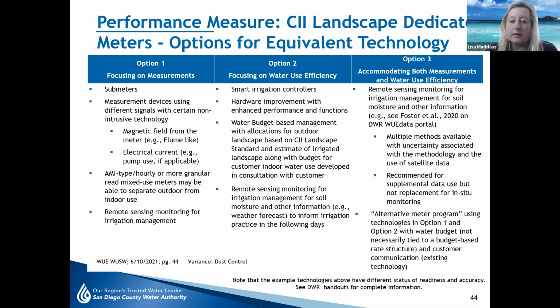And then third is the combination of both, either remote sensing or some way to ascertain that they're being efficient on site, or some alternative metering program. There's a mix of ideas there. But those are the three areas for the technology solution without having to create the dedicated irrigation meter, recognizing some existing properties would be really difficult to segregate the outdoor use and install a meter. So they're trying to look for alternatives to needing to do that. Next slide.